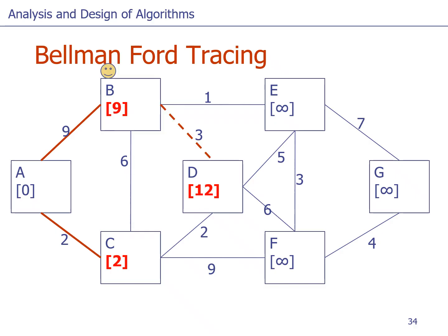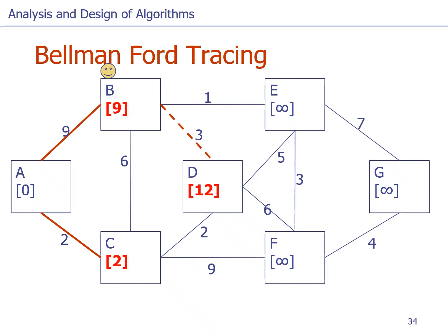I will assume that I'm just going to take them in order alphabetically, so I will stand at B and ask the same question again. Who's connected to B? A is connected to B, C is connected to B, D is connected to B, and E is connected to B. I'm going to do the same effort I've done in the first step.